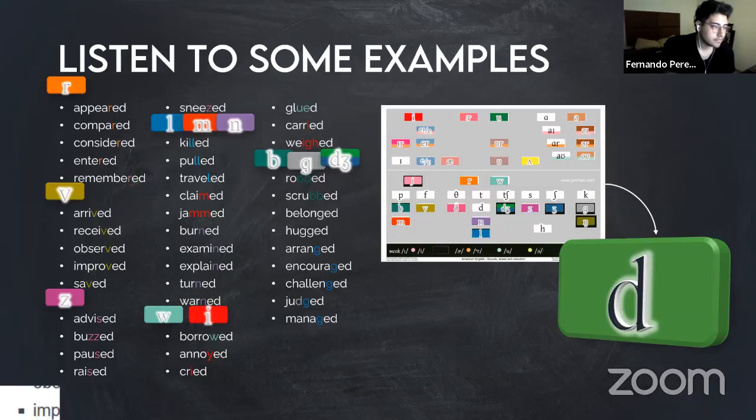Improved. Saved. Advised. Buzzed. Paused. Raised. Sneezed. Killed. Pulled. Traveled. Claimed. Jammed. Burned. Examined.